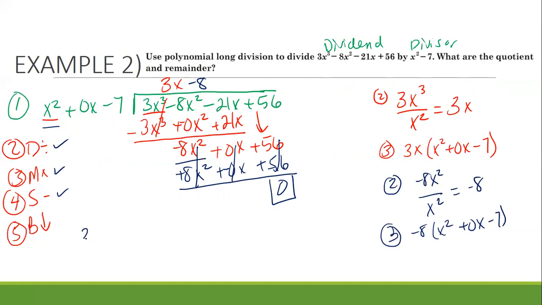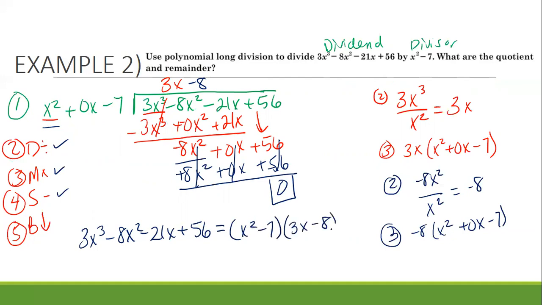So 3x cubed minus 8x squared minus 21x plus 56 equals x squared minus 7 times 3x minus 8. And that's because I have my quotient and no remainder.